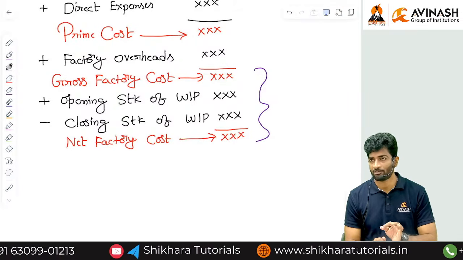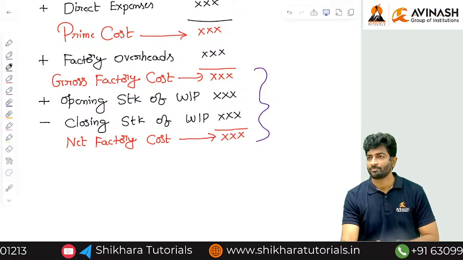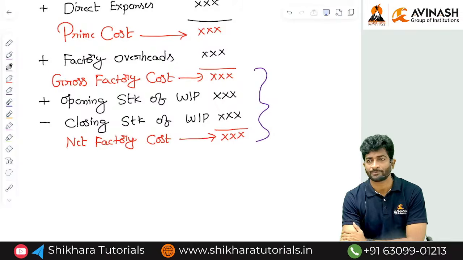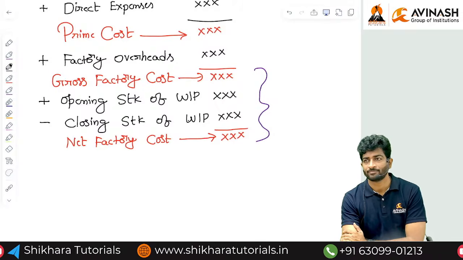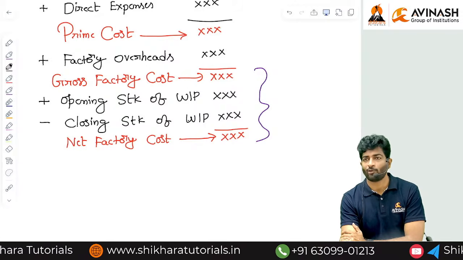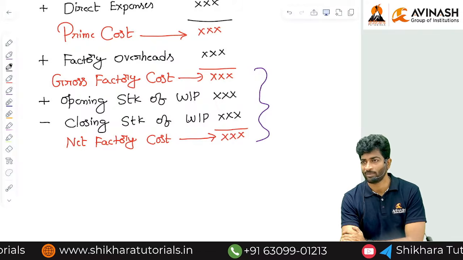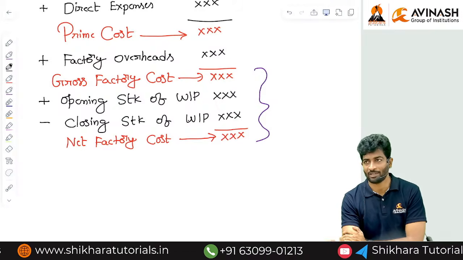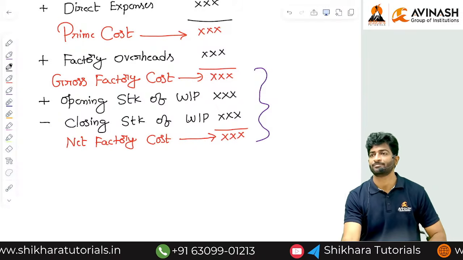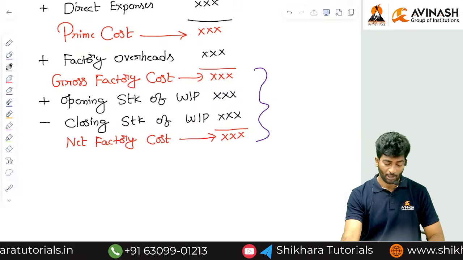Do you want to add something to their explanation? Everywhere we are going to add opening and subtract closing. That's the point: why are we making that adjustment?